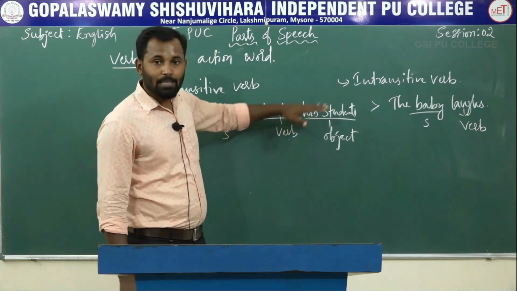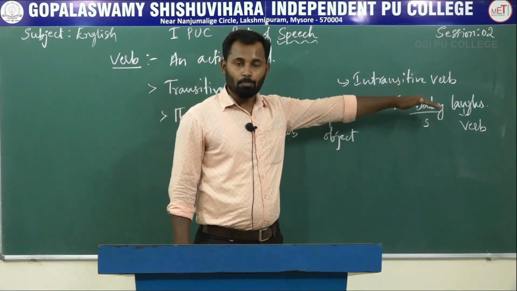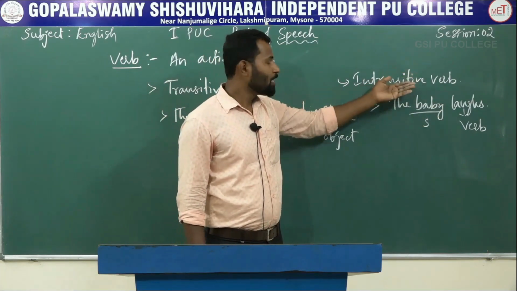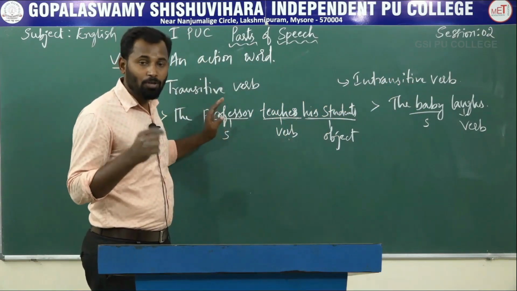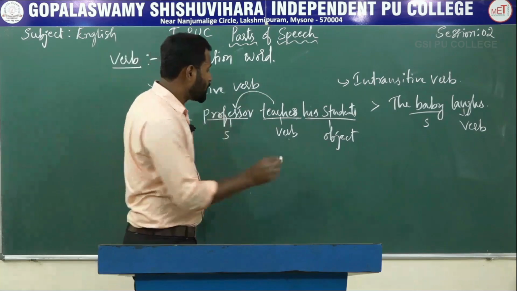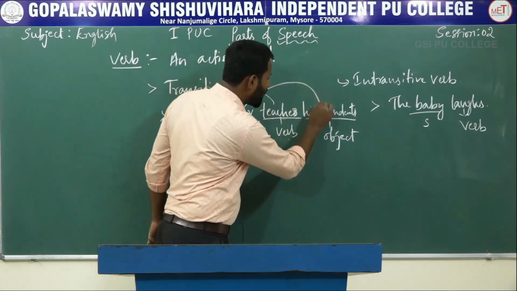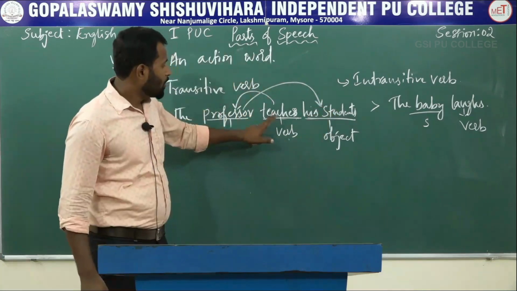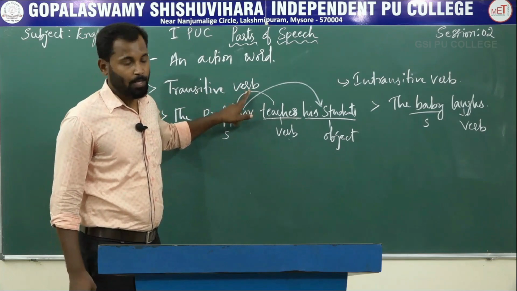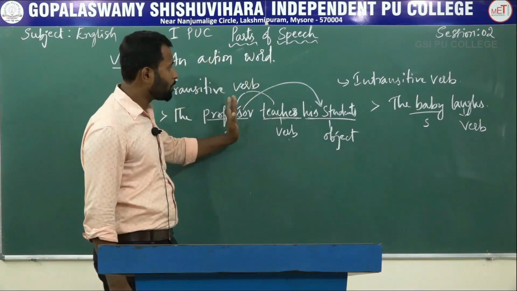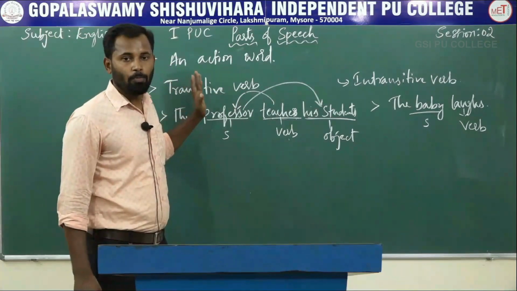A verb which has an object in the sentence is a transitive verb; a verb which doesn't have an object in the sentence is an intransitive verb. Another definition that I could give you is, if the action of the subject passes over to the object, then this verb is considered to be a transitive verb.